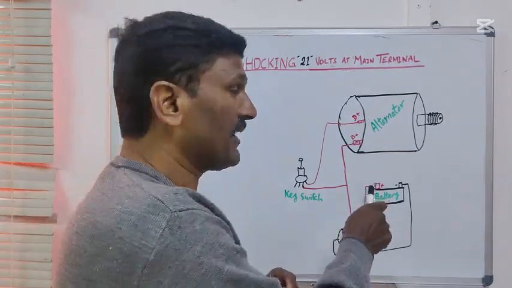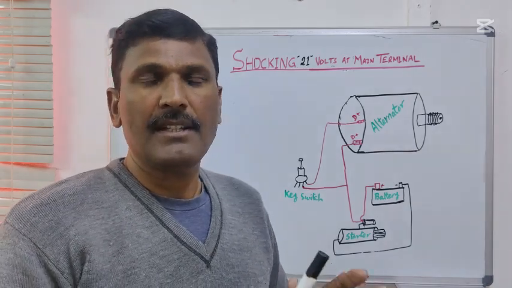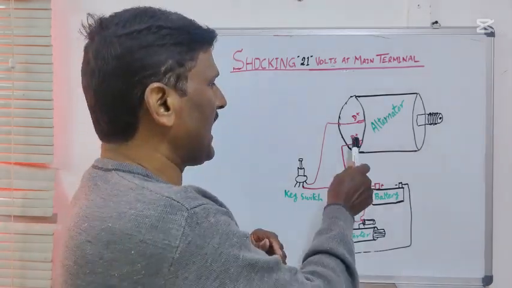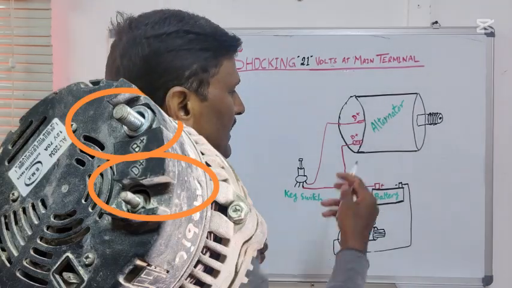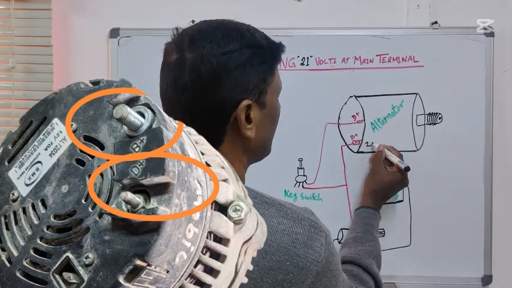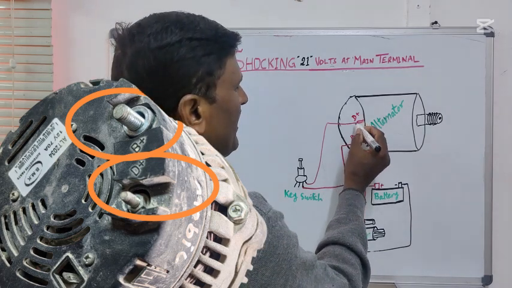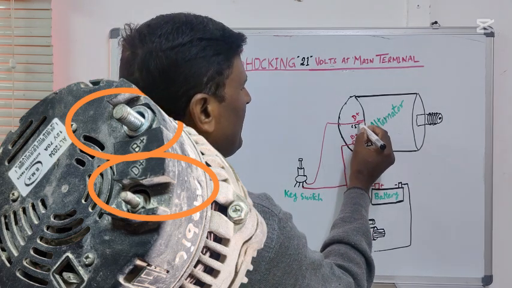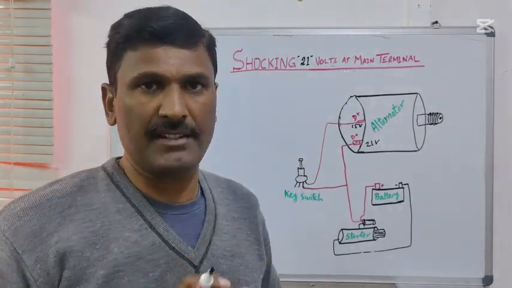It was not increasing, but when I measured the voltage at the main terminal of the alternator, there was 21 volts, and here at the D plus terminal, there was 15 volts. I was shocked by these readings.